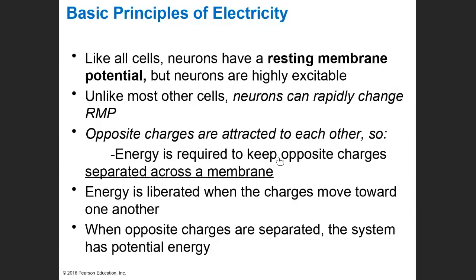So we have to first start off with some definitions here. Neurons, like all cells, have what's called a resting membrane potential. I did bring this up a little bit when we talked about muscle physiology and how the neuron signals to the muscle cell to start contraction.